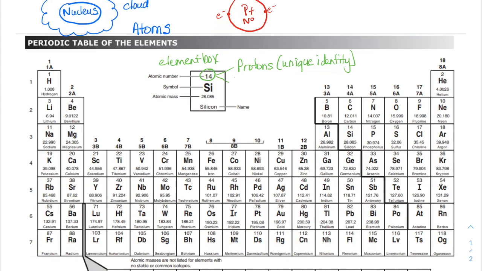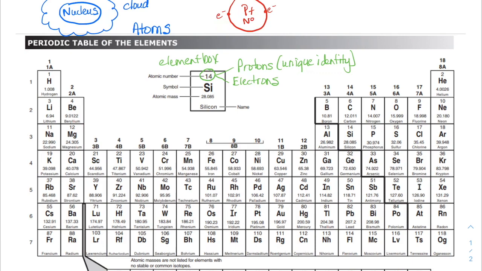This atomic number is also the number of electrons that are in this type of atom when it's a neutral atom, meaning it has the same number of protons and electrons, okay? So that can come in handy. You'll learn stuff later where it gets a little more complicated, but you're always going to learn first that your protons and your electrons you can get from that atomic number, okay?